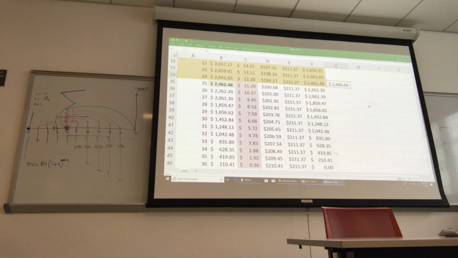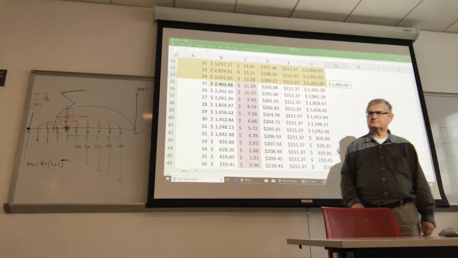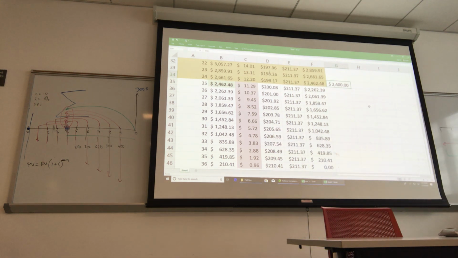I want you to know what a net present value is. Net present value means that you discount this information here. For how many periods?